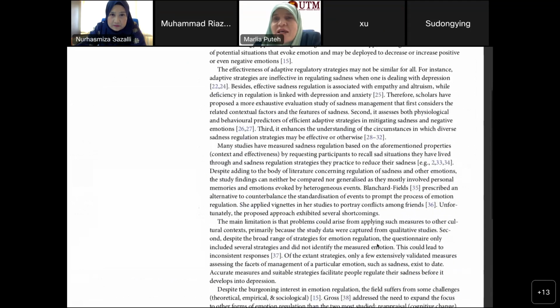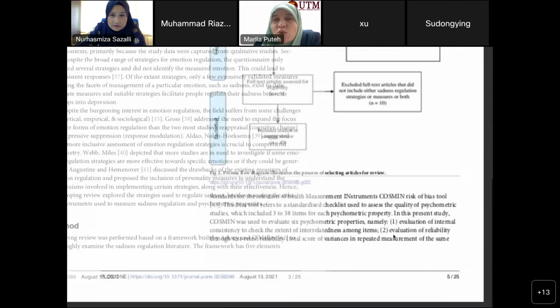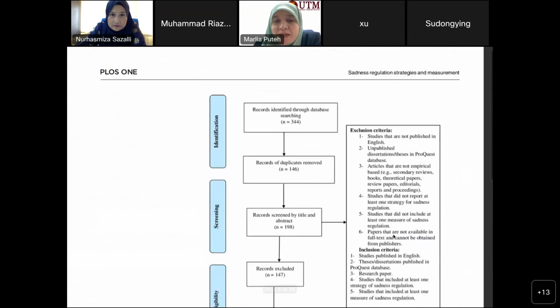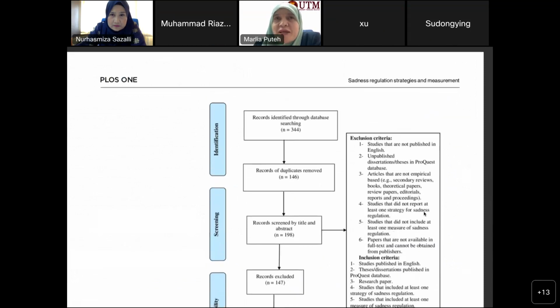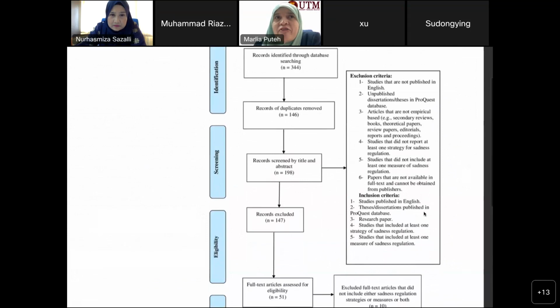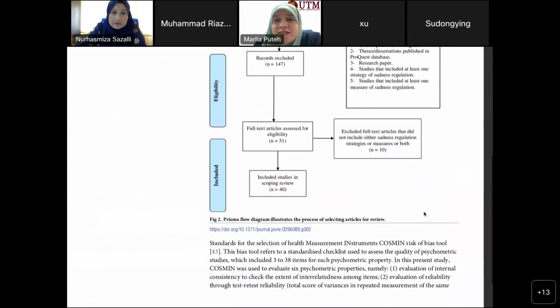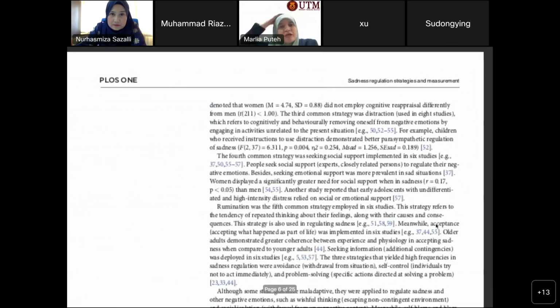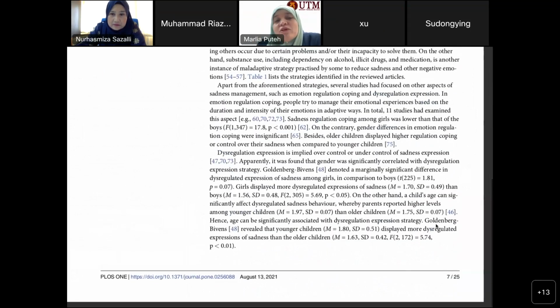But of course, whatever it is, if you are doing a scoping literature review or a systematic literature review, you must show some kind of structure that you have followed in order to do the review. And that comes in the methodology section.